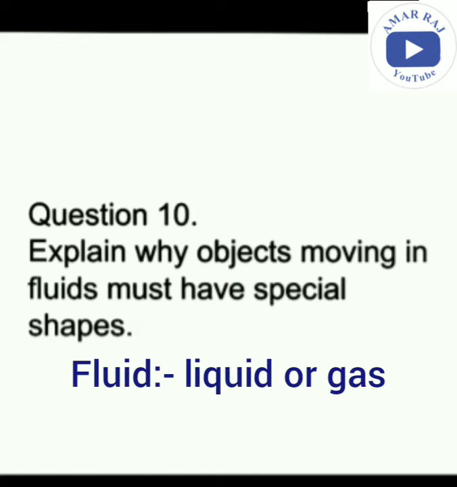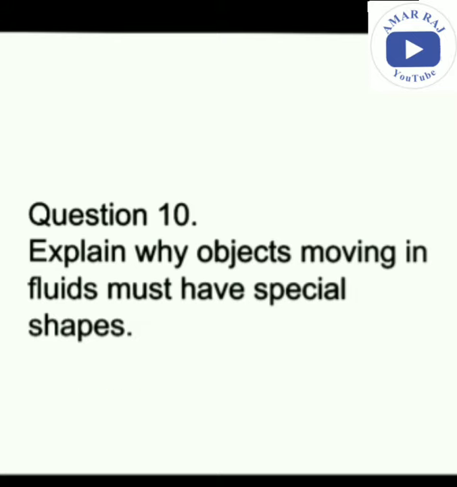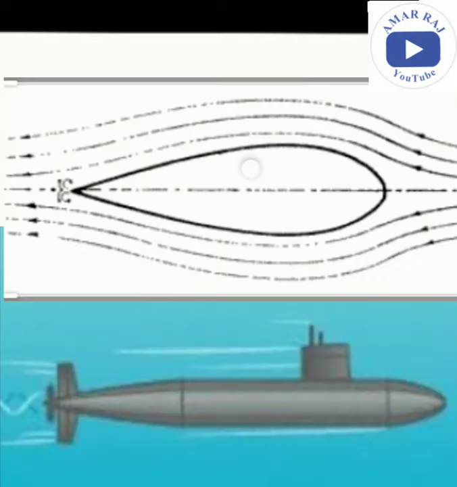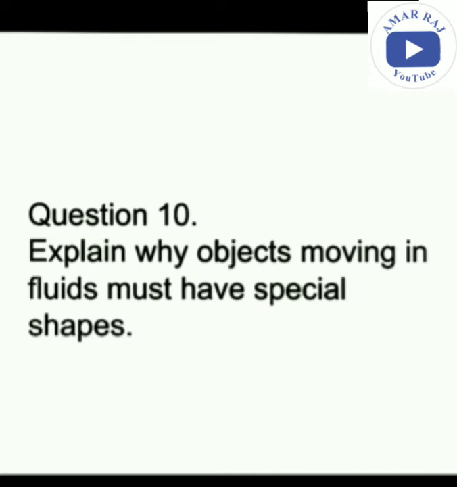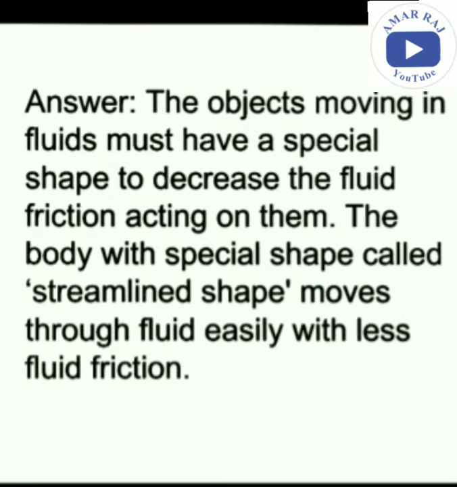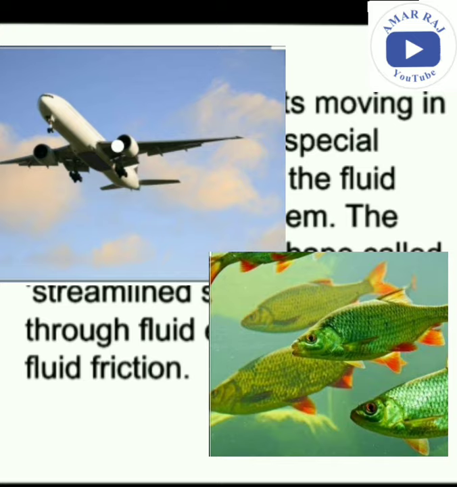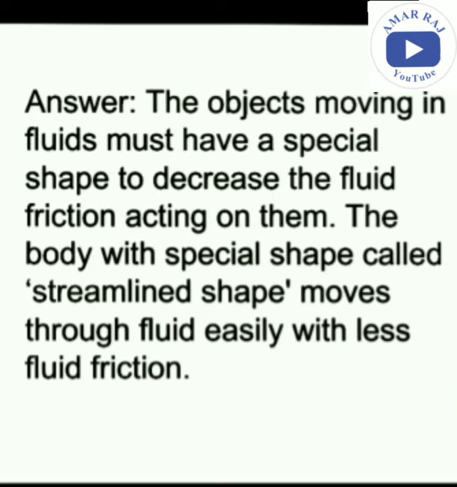Explain why objects moving in fluids must have special shapes. Students, as we have discussed the ways by which we can minimize fluid friction, see the answer. The objects moving in fluids must have a special shape. Why?